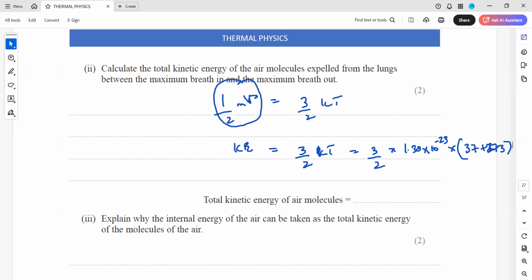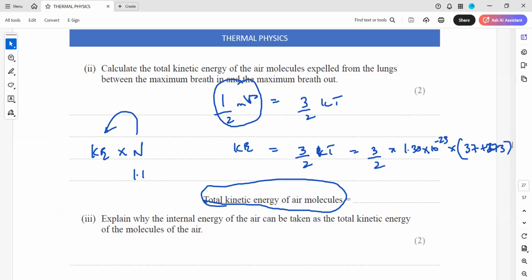If you read the question, they ask for the total kinetic energy of the air particles. Total. This will give us the kinetic energy of one particle, and I need the total. So after getting half mv square, 3 by 2 kT, the kinetic energy of one particle, I'll multiply by n, where n is the total number of particles which we calculated.